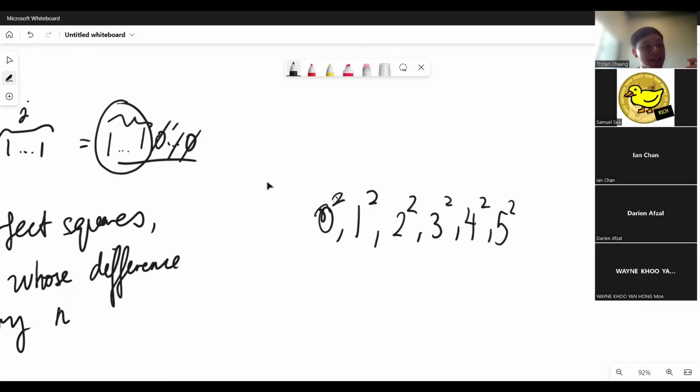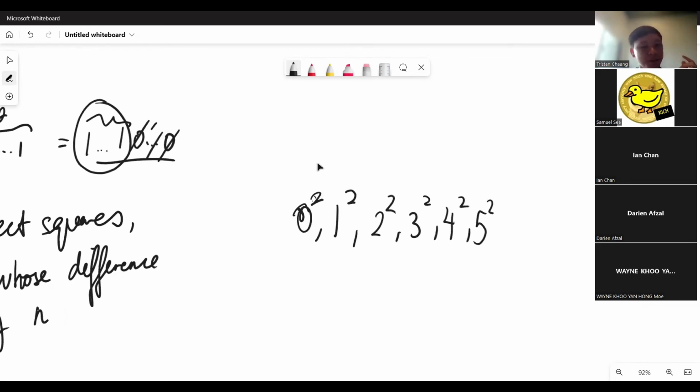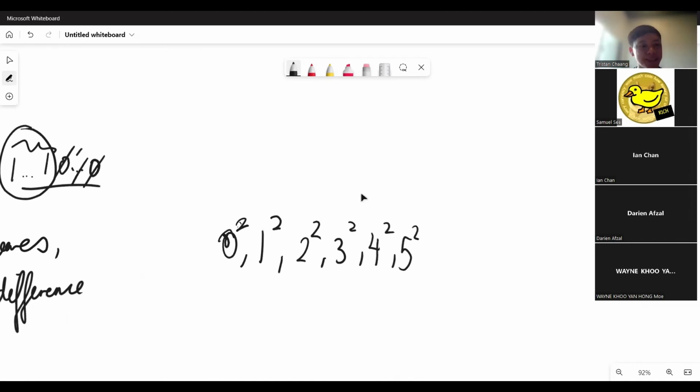Because as you will learn in number theory, when you do modulo, you can treat those numbers like regular integers. So for example, 6 squared, 6 mod 10 is the same as -4. If anyone knows modulo arithmetic, which you will learn eventually, 6 is -4, and -4 squared is 4 squared. Same thing.